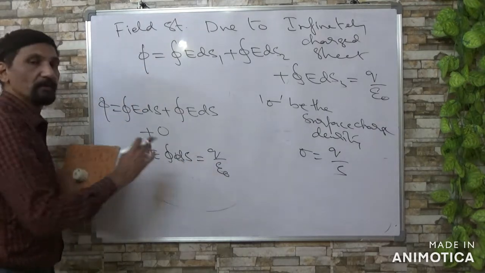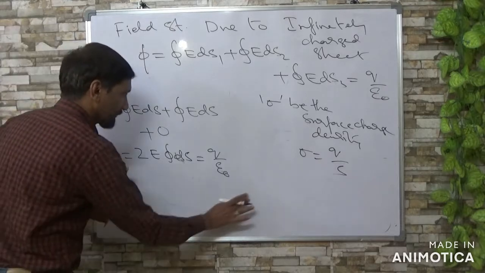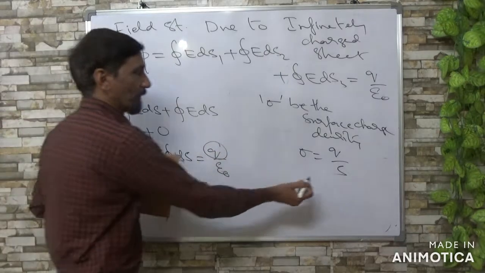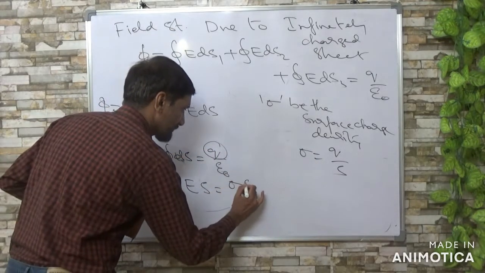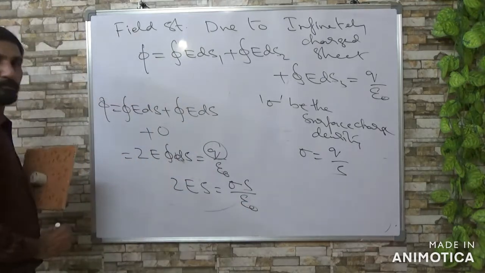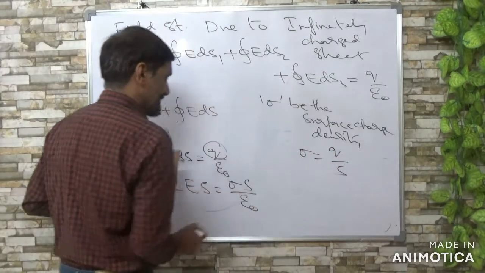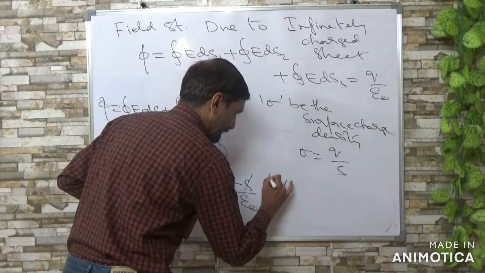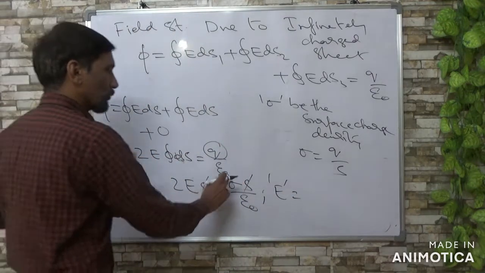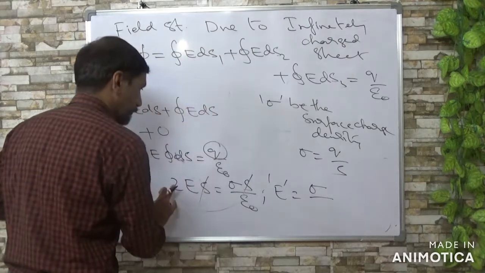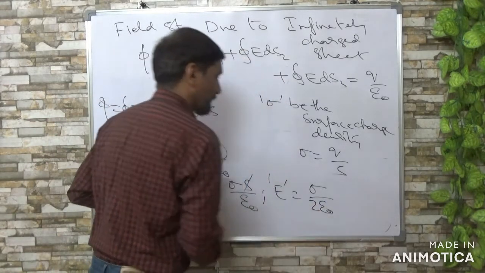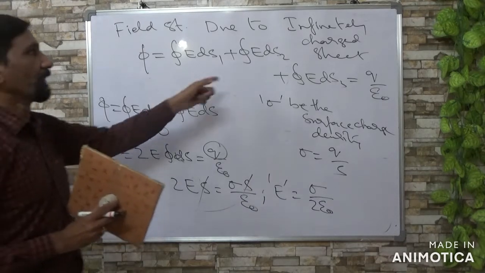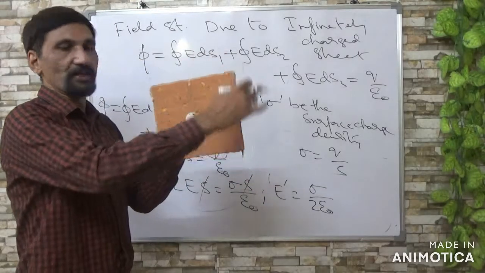The line integral of dS gives S, so 2ES equals Q, which can be replaced by sigma S, by epsilon naught. S cancels, and you get the field strength equal to sigma by 2 epsilon naught. So this is the field strength due to an infinitely charged sheet.